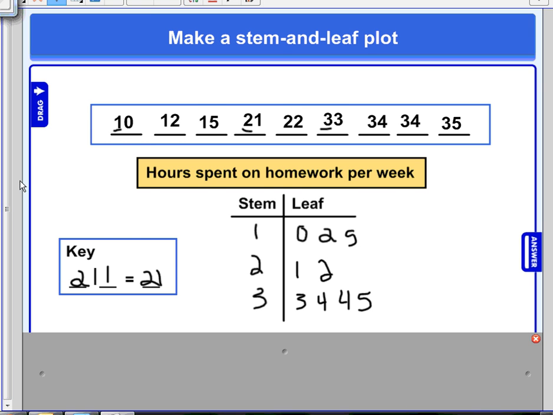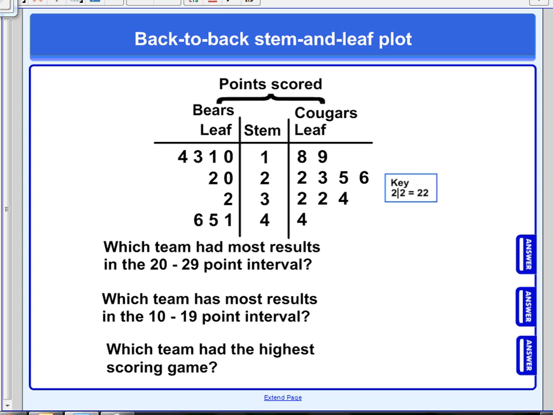Now, if we have two different sets of data, we can actually create a back-to-back stem and leaf plot. In this case, it's a little bit more difficult to read, but you'll still get the gist of it. So we have the bears and we have the cougars. Our stem is in the middle. So we have the ones, the tens, the 20s, the 30s, and the 40s.